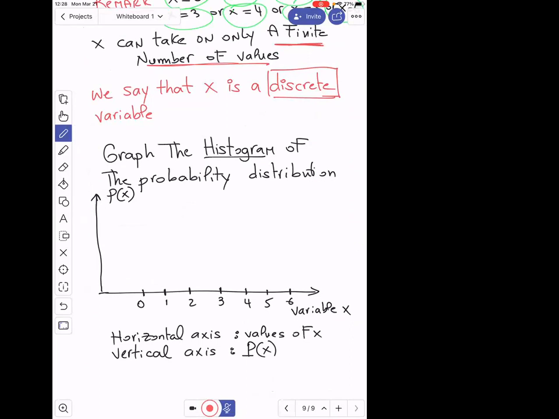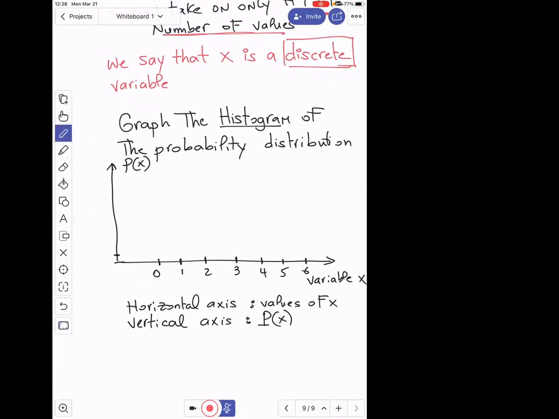So here I have my 2%, which is just 0.02. We have 7%, so let's say this is my 7%, which is 0.07. And then the next probability of x, I think we have 8%. So here is my 8%, which is 0.08.